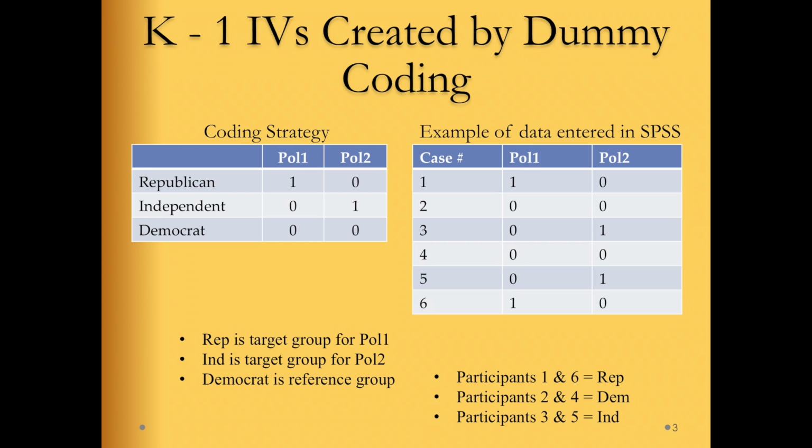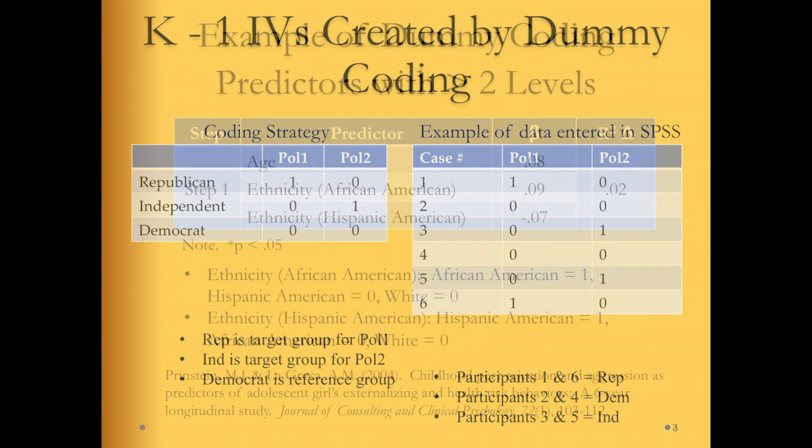Participants 1 and 6 are Republicans because they are scored 1 on pol1. Participants 3 and 5 are independents because they're scored 1 on pol2. And finally, participants 2 and 4 would be Democrats because they were scored 0 on each of the dummy-coded predictors.